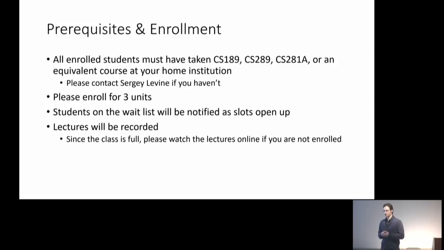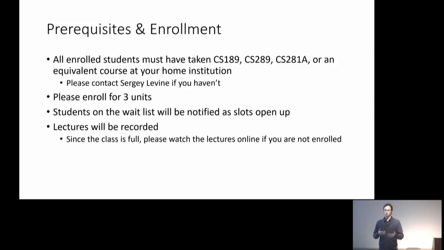We require you to have taken a graduate or advanced undergraduate level machine learning course in the past. If you are a student at UC Berkeley, perhaps you'll have taken CS189, 289A, 281A, something like that, or an equivalent course at your home institution. If you're not certain whether the class you took before fulfills the requirement, just go to the CS189 website, look at the syllabus there, and make sure that all that stuff looks familiar to you.